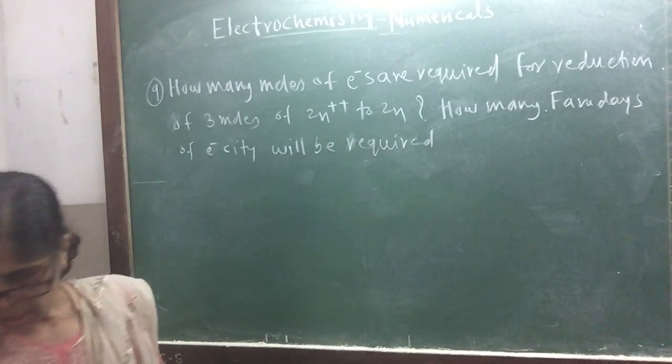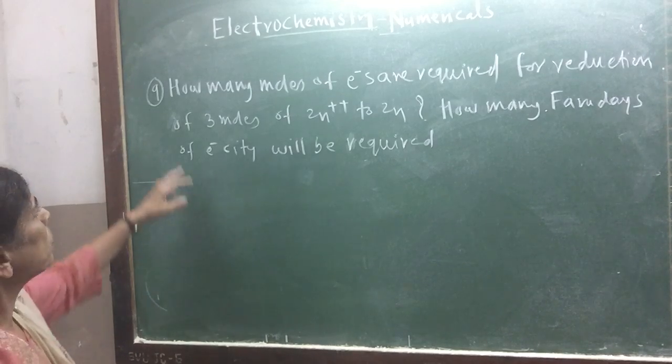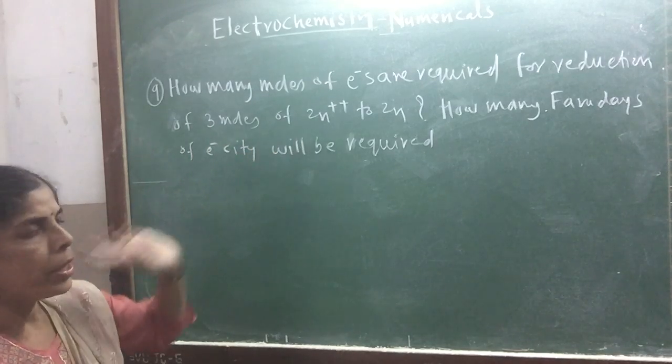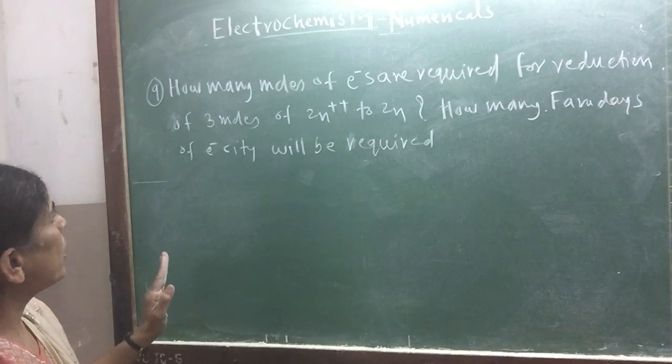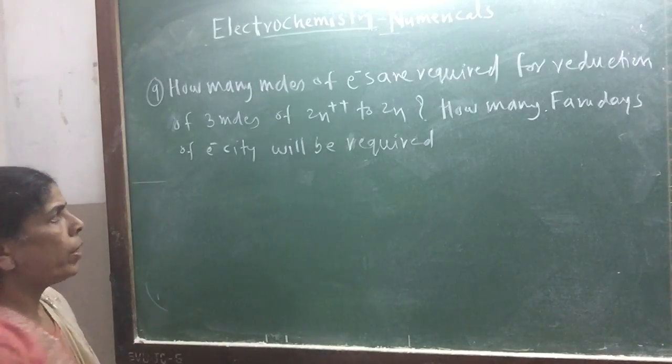See, the problem is easy. What is the problem? How many moles of electrons are required for reduction of 3 moles of Zn2+ ions to Zn? That is the first part. And second part, how many faradays of electricity will be required?